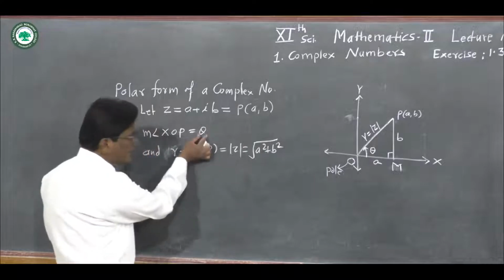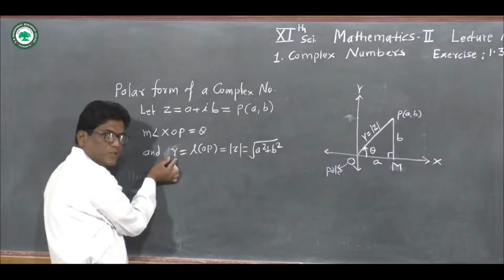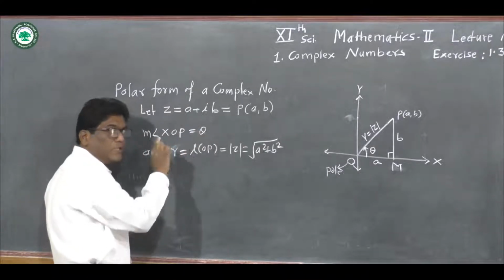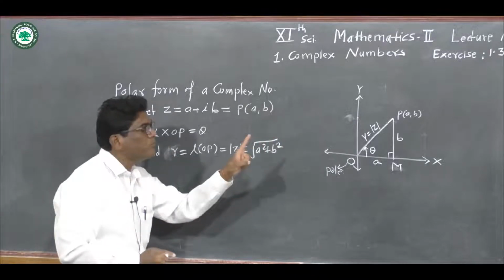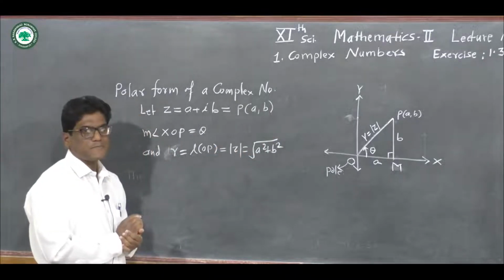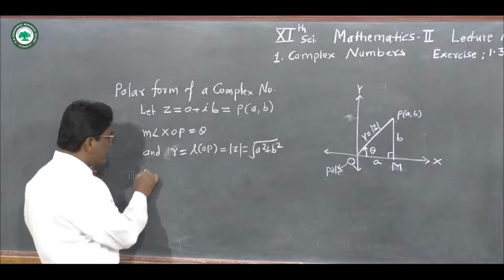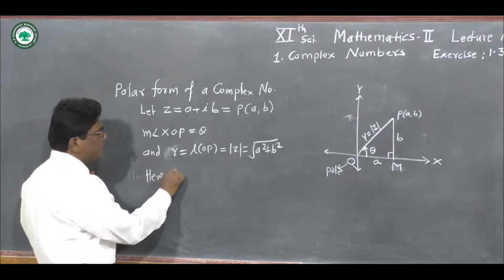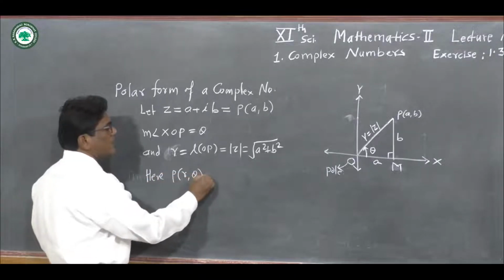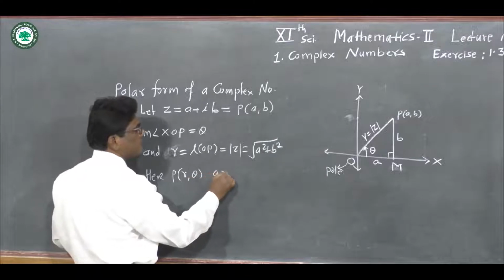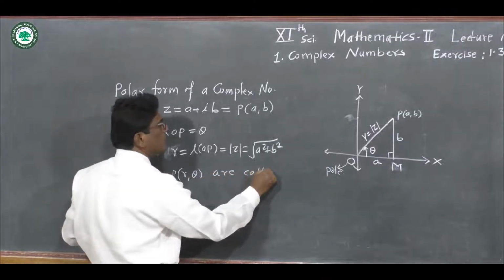So if we know only theta and R, then also we can plot the point P. And these, P of R theta, are called polar coordinates.